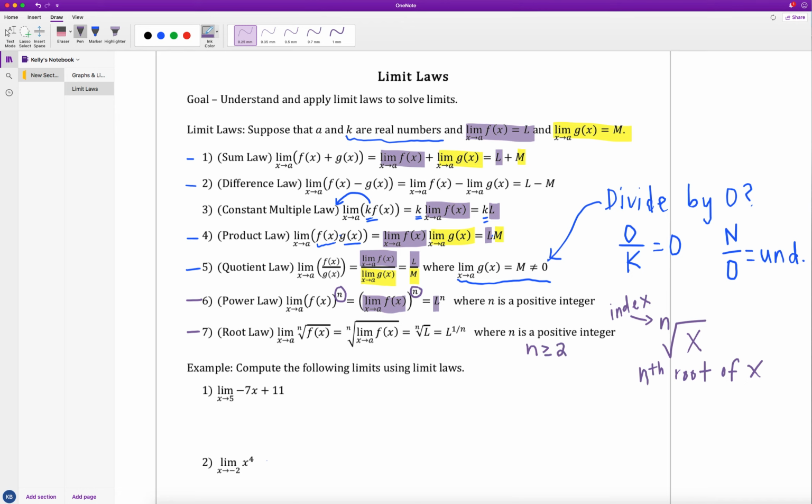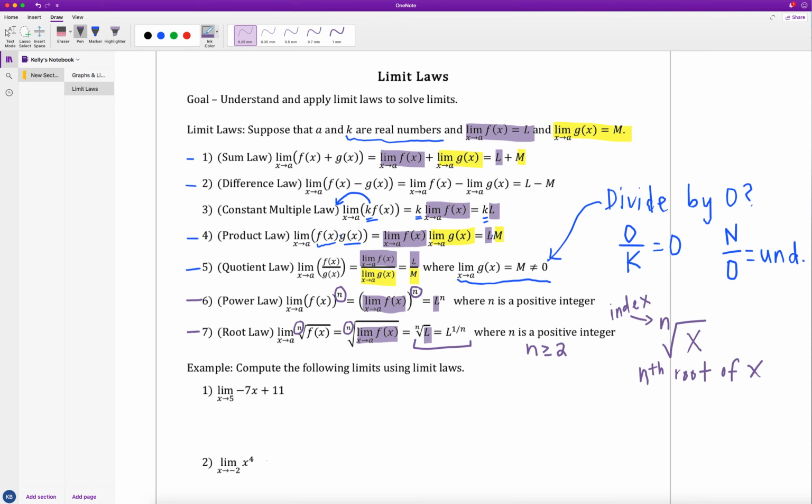And this works similar to the power law. If I have the nth root of f of x, in the first statement I just have the radical over the f of x. That's the same thing as pulling the radical out and taking the entire nth root of the limit as x approaches a of f of x. And since we know this limit is equal to L, that's equivalent to saying the nth root of L. And then this notation over here is just the definition of what an nth root is in terms of an exponent.